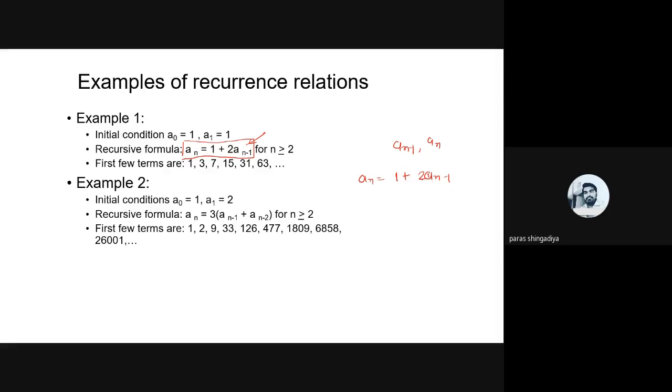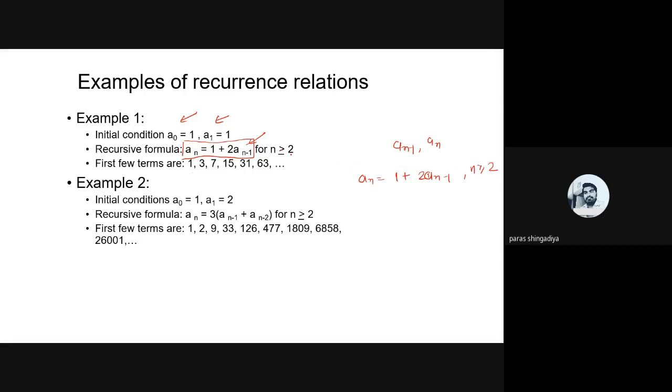Now we create the sequence. How can we create it? Here it is given that the formula works for N greater than or equal to 2. For A0 and A1 the values are already given, so A0 and A1 are the initial conditions. These are the finite values. Now replace the values one by one. A0 and A1 are already given, that is 1.